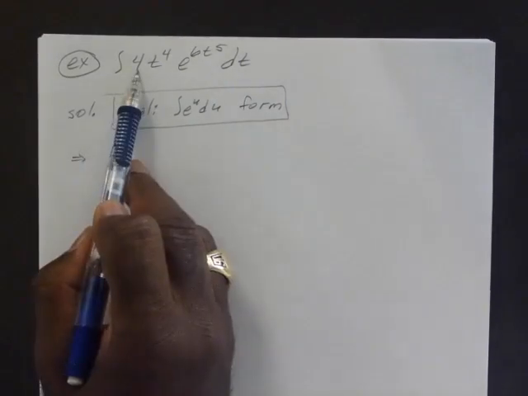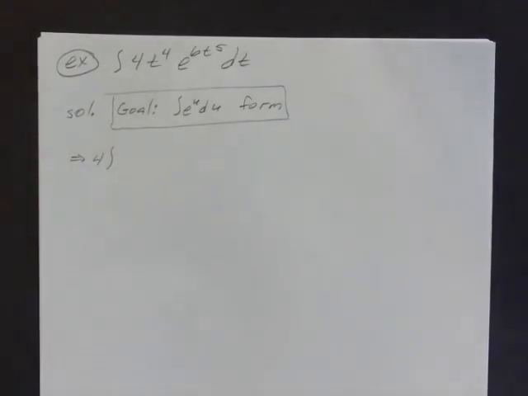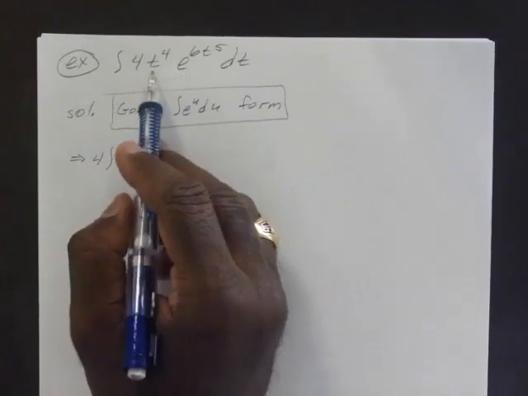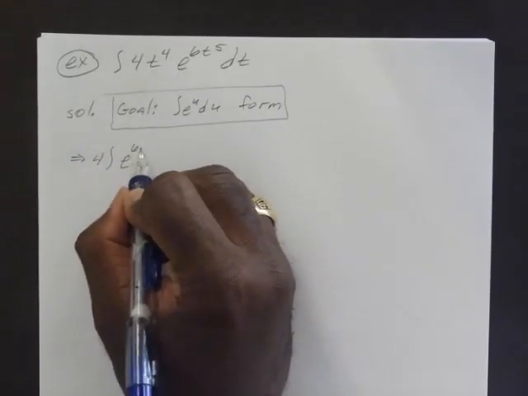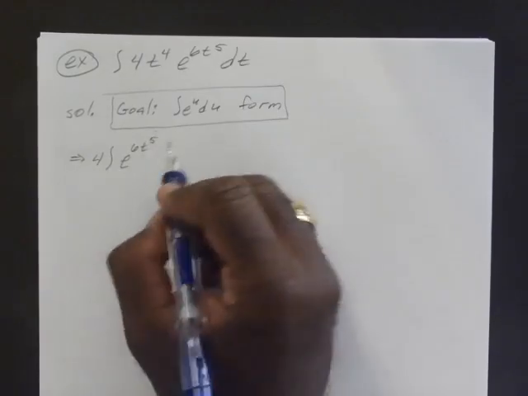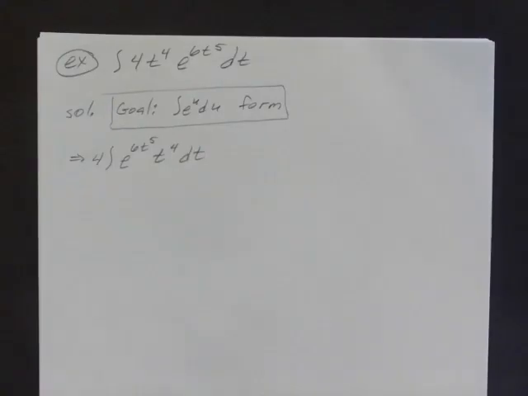Okay, so again, I take my constant and just move it out to the front. And just switch these two around. So we have e to the power of 6t to the 5th power times t to the 4th power dt.